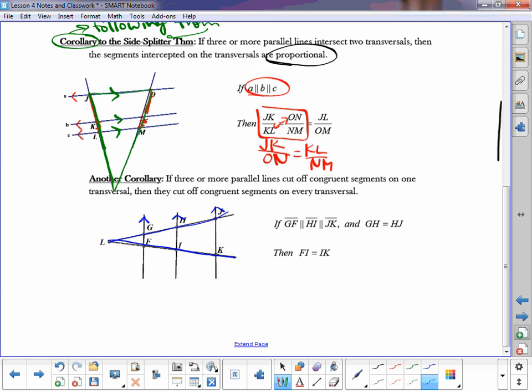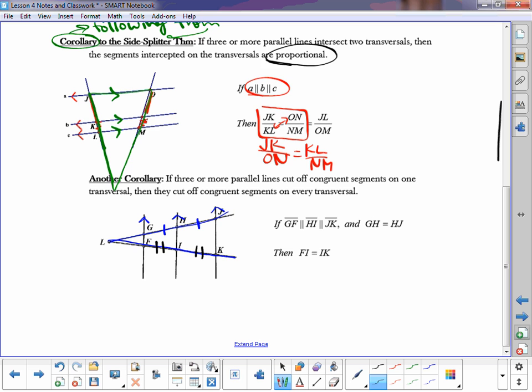It's not necessary. But what we have is 3 parallel lines and transversals going through in such a way that this transversal gets cut congruent. So if you start off with a set of 3 parallel lines that cuts a transversal into congruent pieces, then any other transversal you draw through these is also going to get cut congruently.